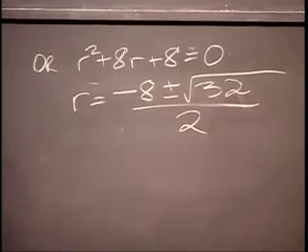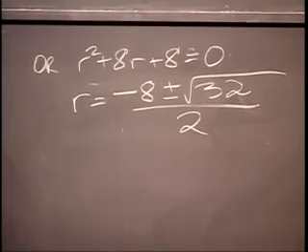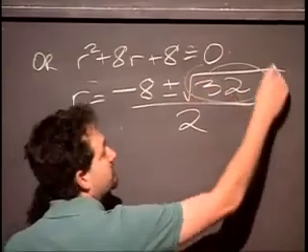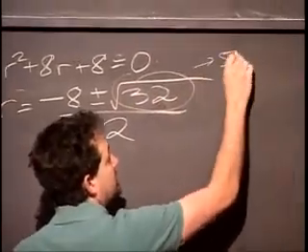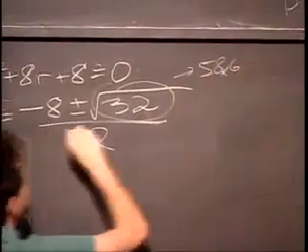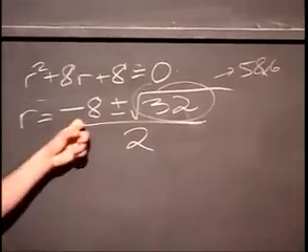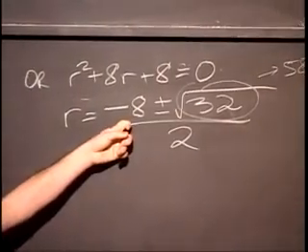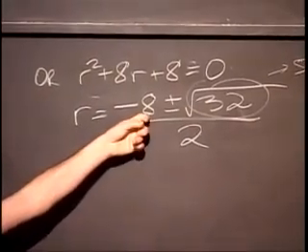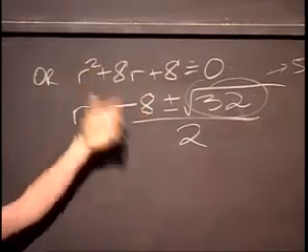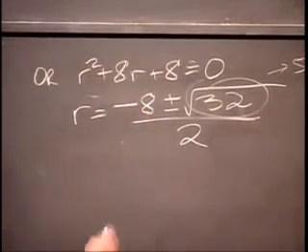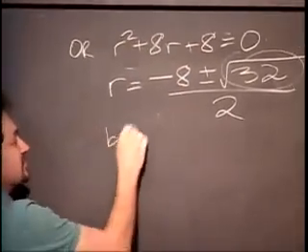Who can tell me what it's between, at least? Yeah, root 32 is between root 25, which is 5, and root 36, which is 6. So you should think of this as between 5 and 6. And so, regardless of whether you add it on or subtract it from minus 8, if you add it to minus 8, you get minus 2 at the worst. And obviously, if you subtract it, it's even more negative. So both these solutions are negative.